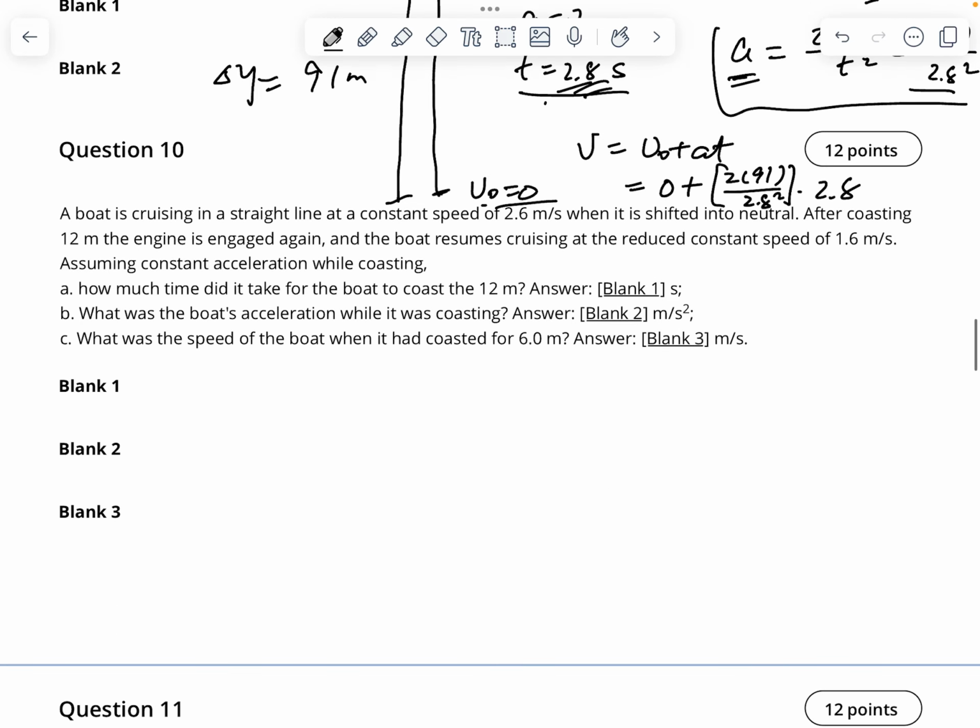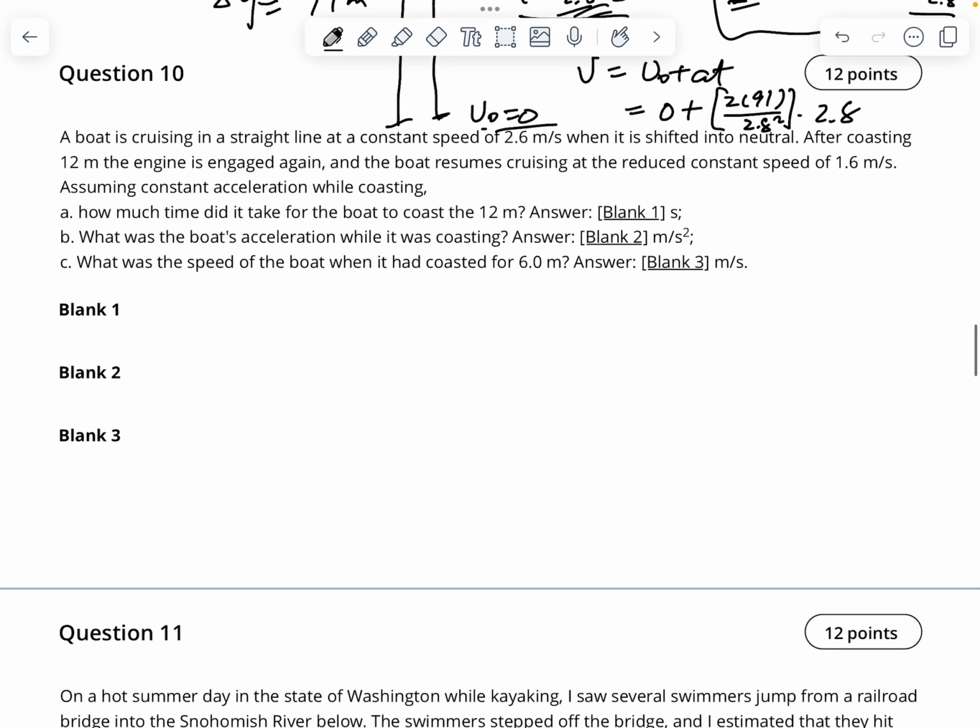Next one. A boat is cruising in a straight line at a constant speed of 2.6. This is cruising, constant. When it is shifted into neutral, so now initial velocity is 2.6 meters per second.